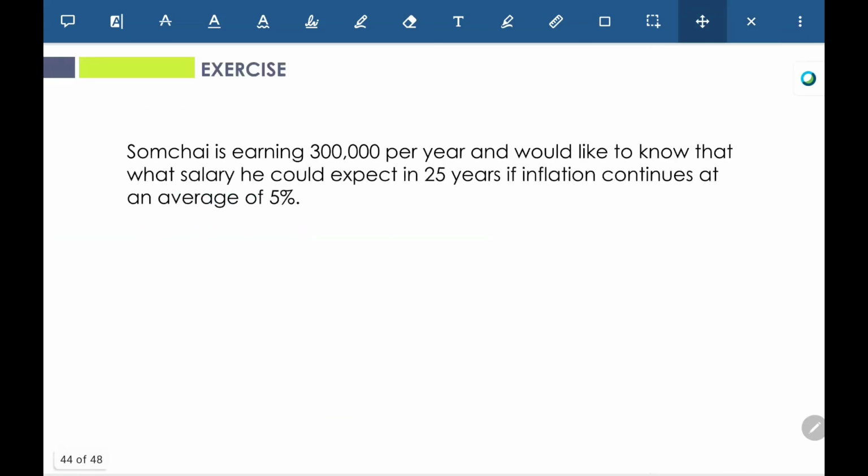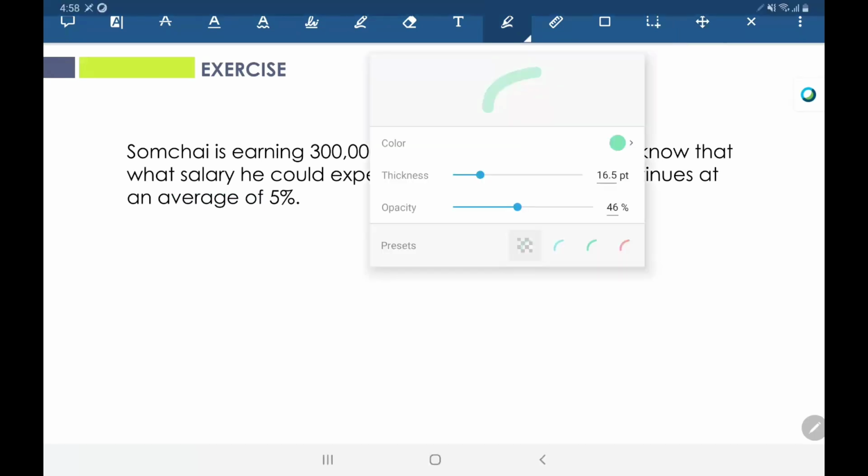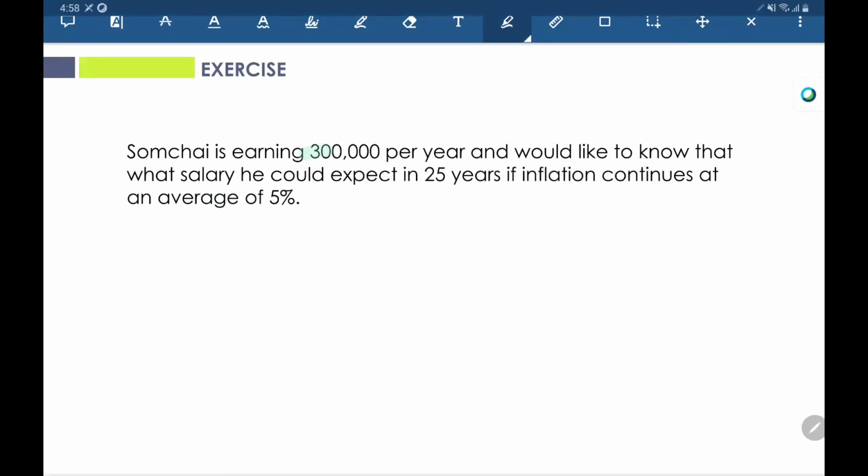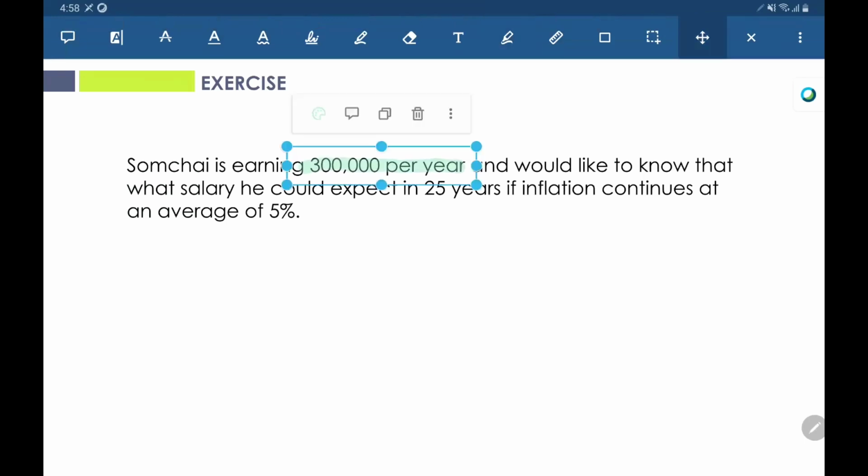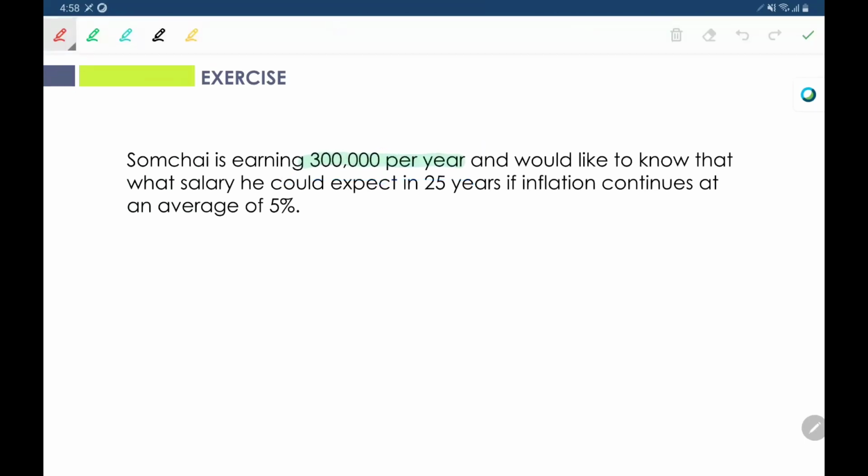Just like this exercise, Somchai is earning 300,000 baht per year. And he would like to know what salary he could expect in 25 years if inflation continues at an average rate of 5%. Firstly, Somchai gets this money per year. This money is going to be the principal.